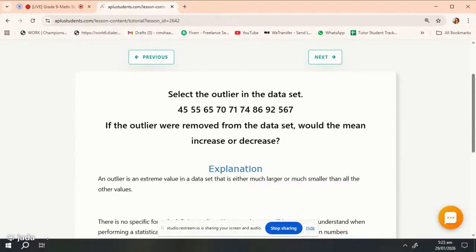It's 45 or 567. So maybe 567 because this is the big one.